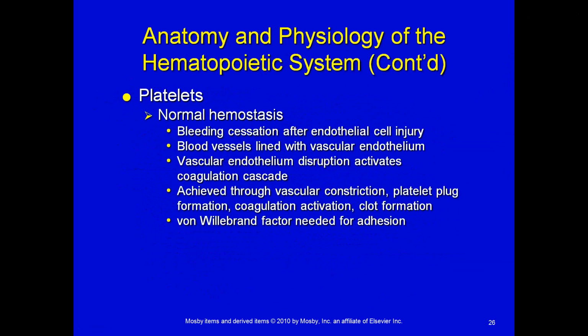And during the coagulation cascade, vessels constrict, platelets aggregate, and rich red fibrin weaves through the platelets to form a clot. And it's this von Willebrand factor that's needed for the adhesion of the platelets.